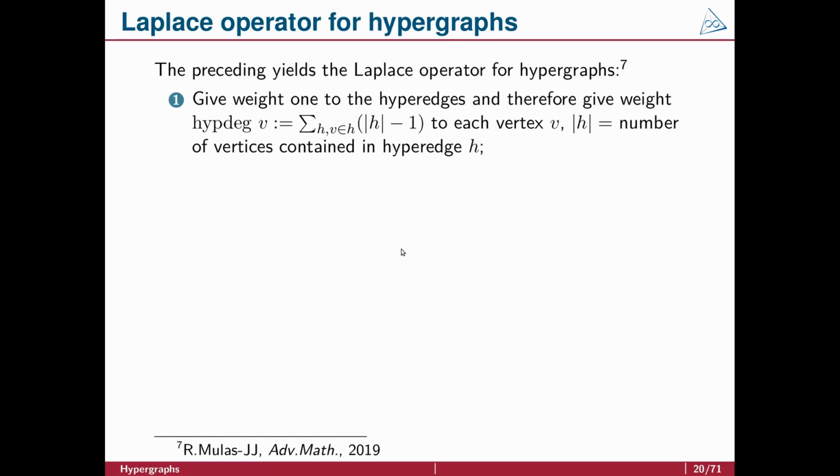For each hyper edge, we can consider the number of vertices contained in a hyper edge. And then for a vertex contained in the hyper edge, we want to record how many other vertices are contained in the hyper edge. So we subtract 1. And then we sum over all hyper edges that this vertex is contained in.